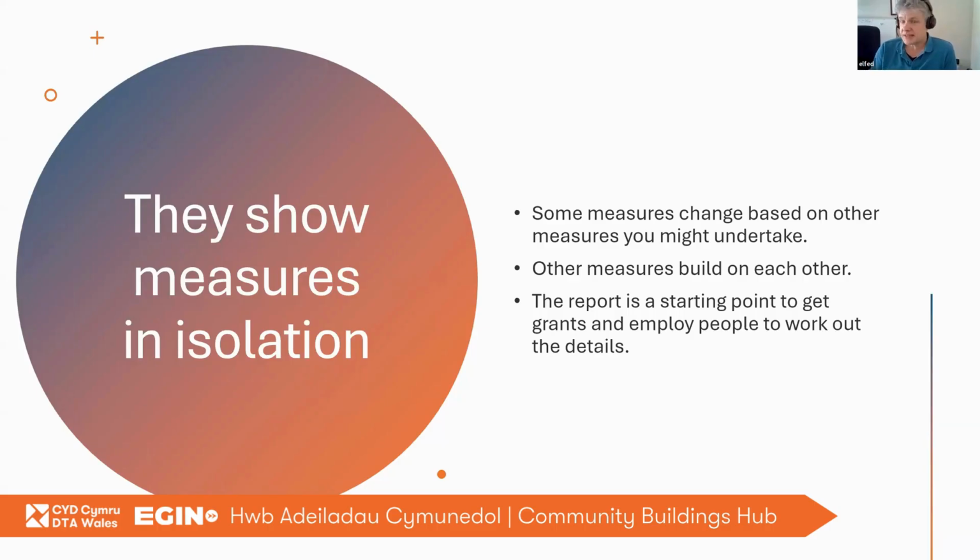So the report is a starting point. It's a way for you to apply for grants, for further funding, to then be able to pay professional builders, energy efficiency experts, to actually work out the best order or the best combination of measures to make your building as energy efficient as possible.